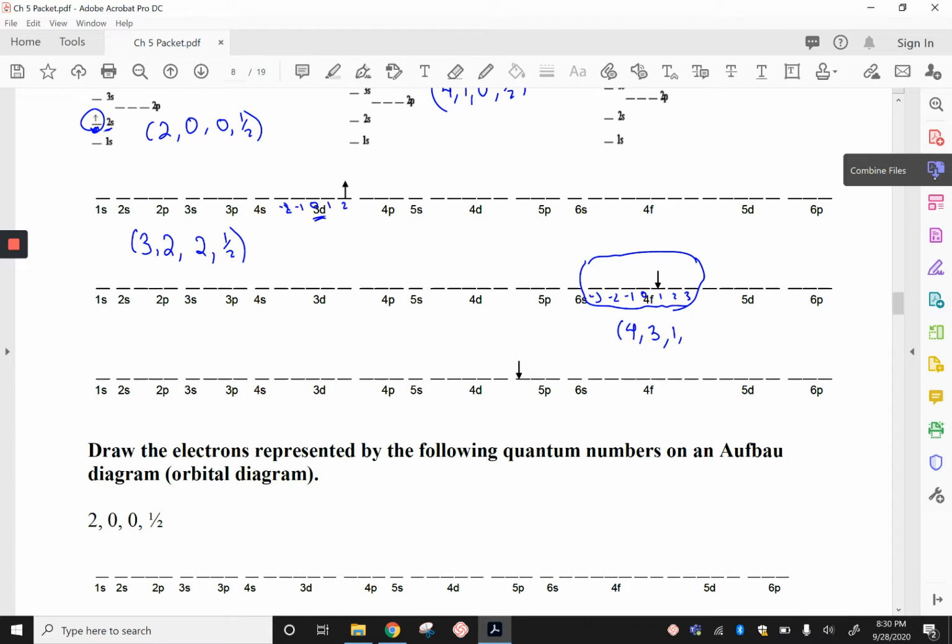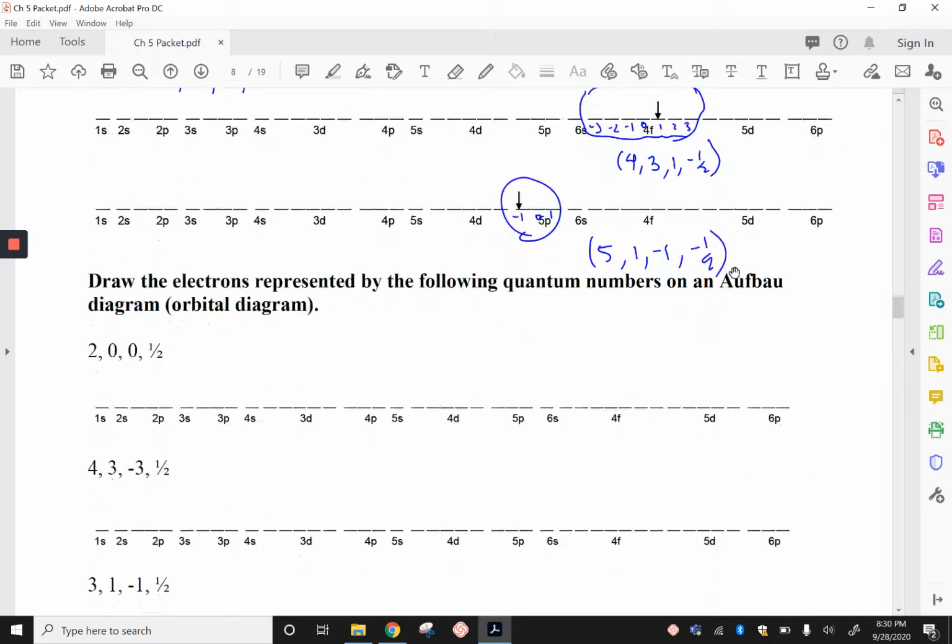So that one's on 1. Looking down, so -1/2. The next one, 5th energy level, so 5. P corresponds to 1. Orbital is -1. And then it's looking down, so -1/2.